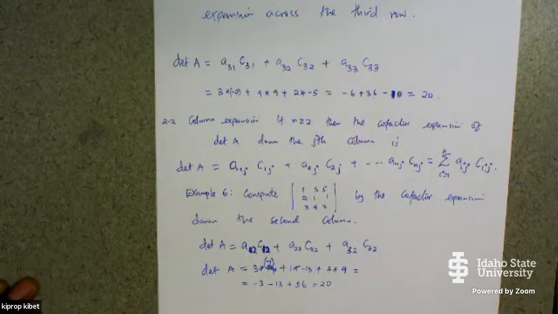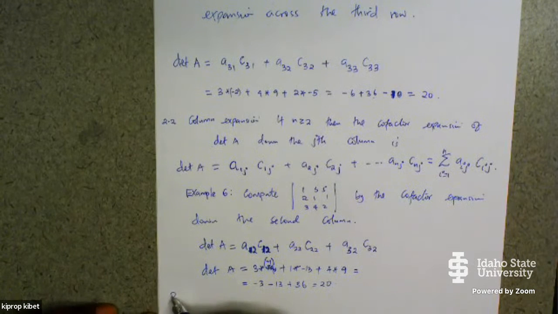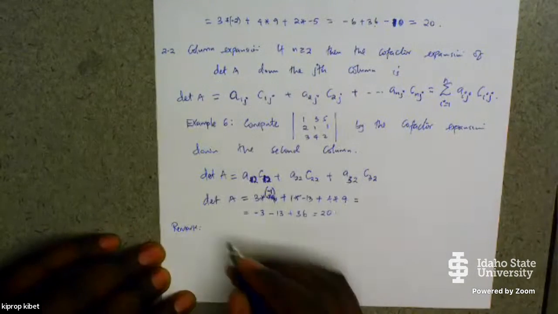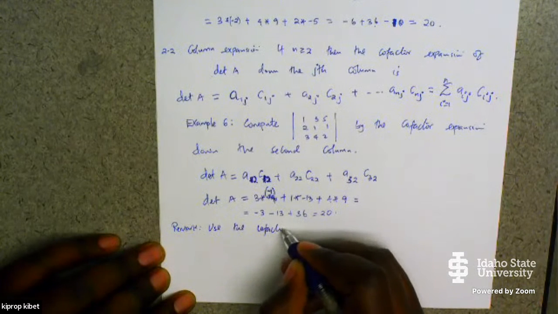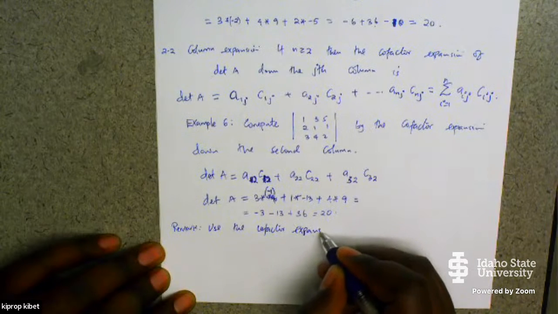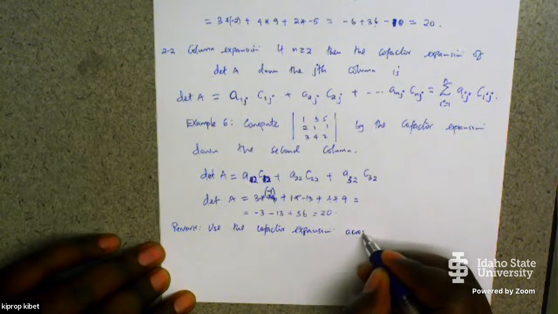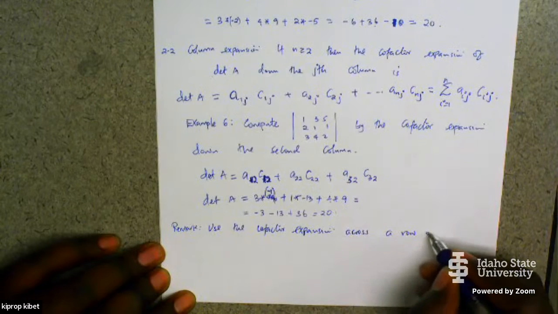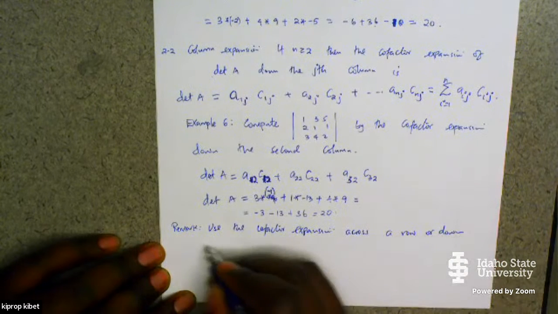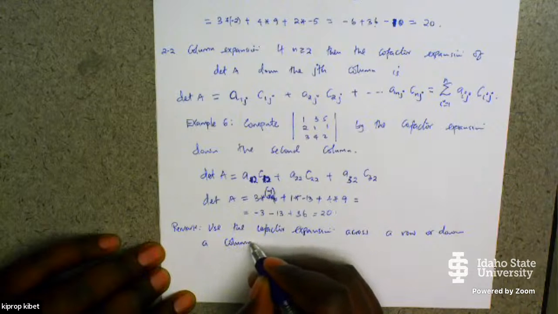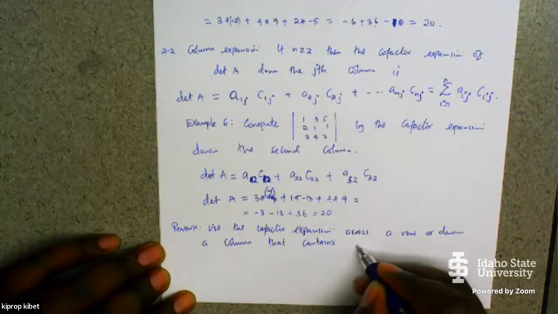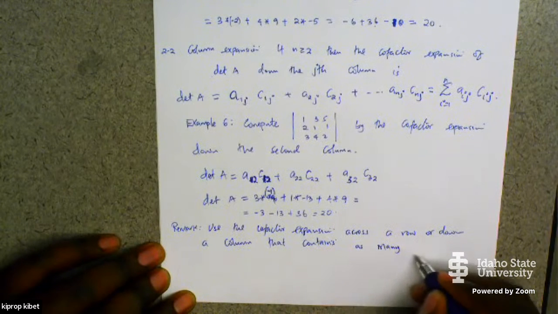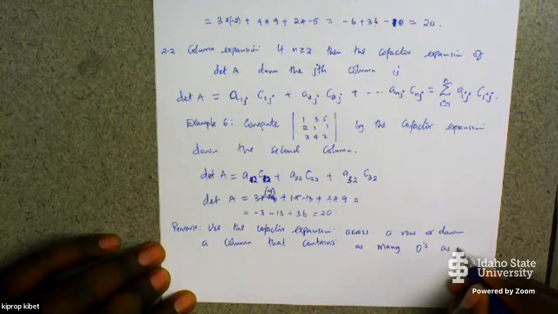Remark: use the cofactor expansion across a row or down a column that contains as many zeros as possible.